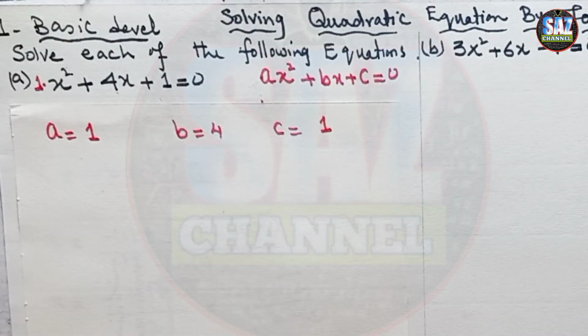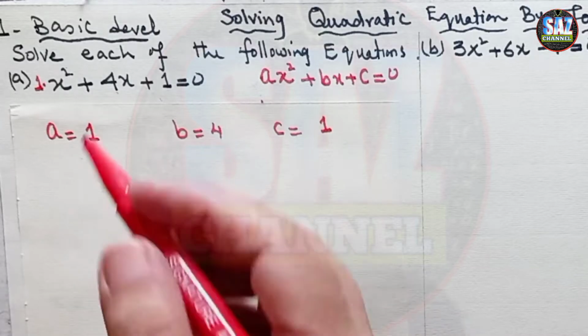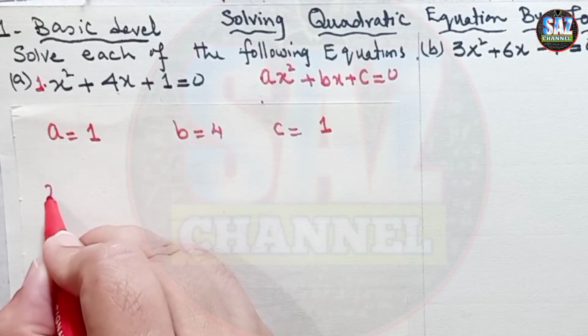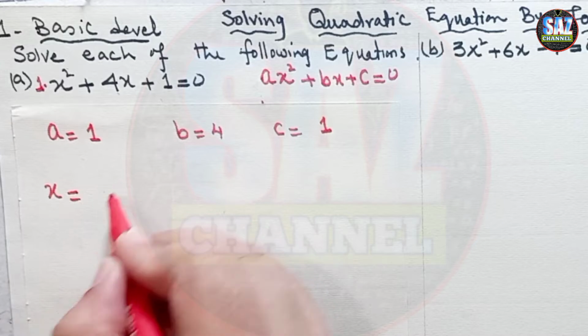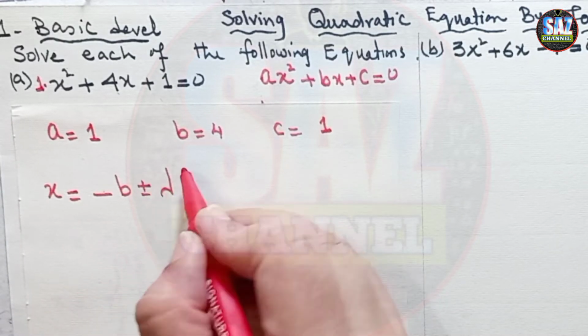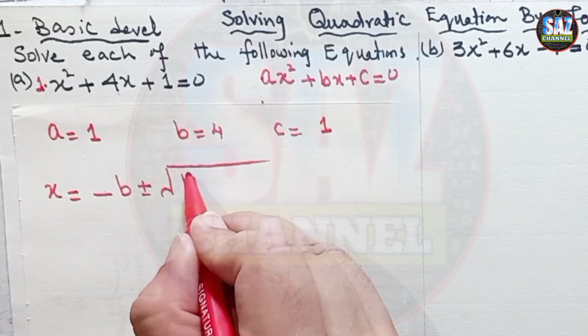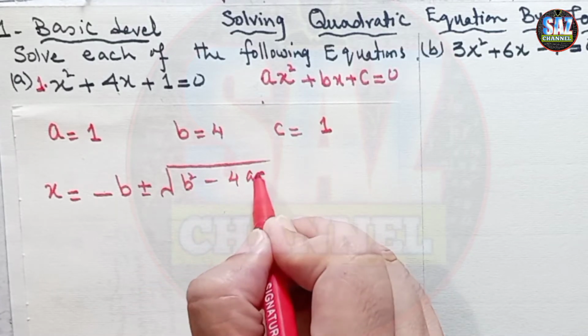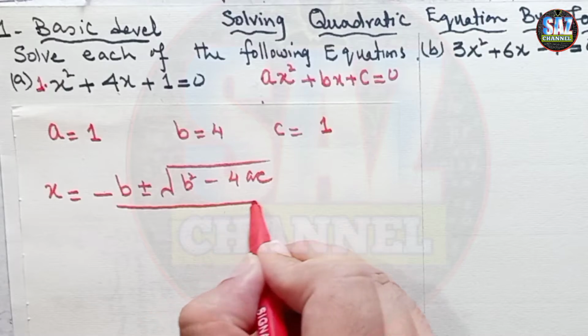And now I have to replace the values of a, b and c in the quadratic formula, which is x equals minus b plus minus square root of b square minus 4ac upon 2a.